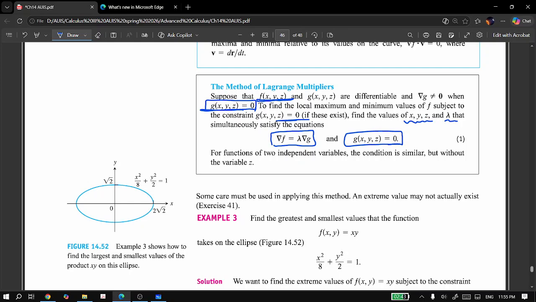So for finding maximum and minimum values for a function f with the condition g given to you, we are using this equation and that equation. We have to solve the examples, the exercises that we have got, using grad f equals lambda grad g with the condition that g is equal to 0.